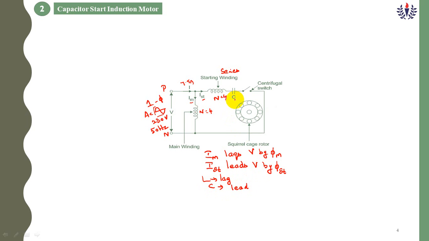Since we are using the capacitor in series in the starting winding, the IST current leads the voltage by phi st. But in the main winding there is no capacitor, so it is an inductive property, only lagging. Do you know the difference? The IM current lags the voltage by an angle phi m, and IST leads the voltage by phi st. This is the basic difference.